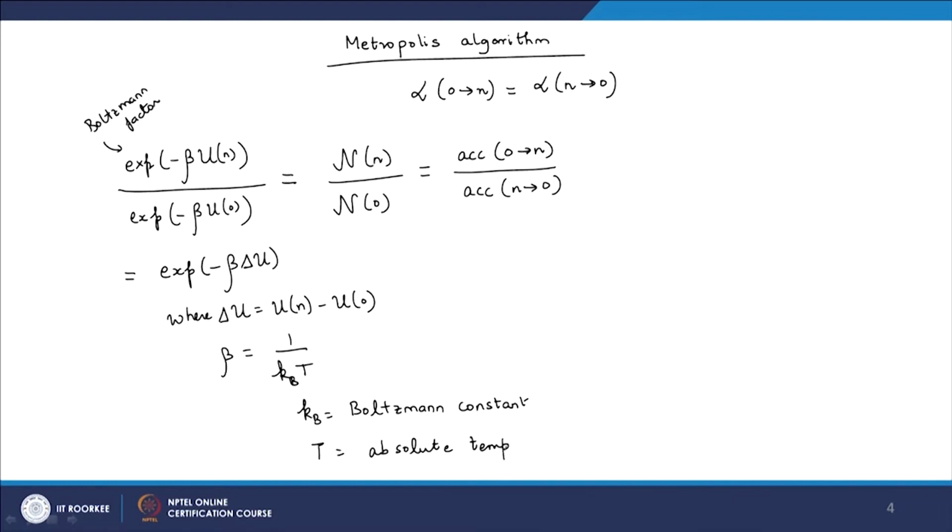So, with this now we have a rule to perform the Metropolis algorithm Monte Carlo.